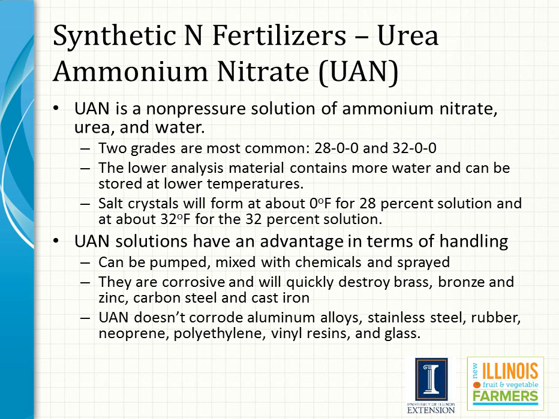Urea ammonium nitrate is a non-pressure solution of ammonium nitrate, urea, and water. There are two common grades, 2800 and 3200. Salt crystals will form in each solution if they are not allowed to get cold enough. Urea ammonium nitrate are much safer than anhydrous ammonia or aqua ammonia.